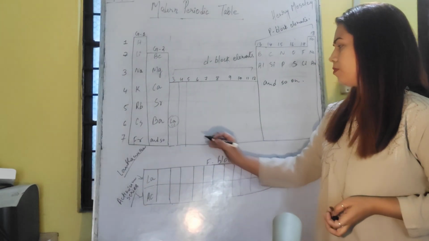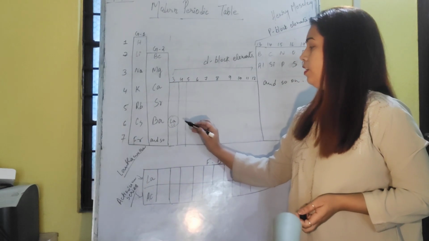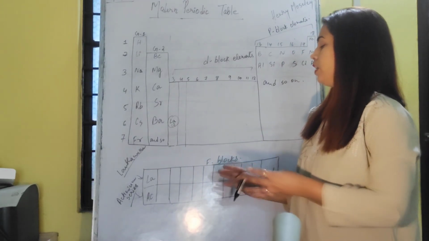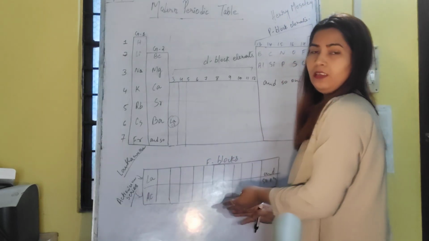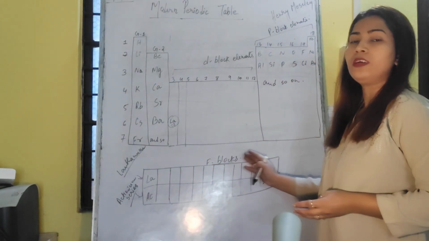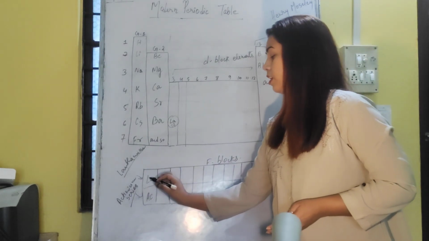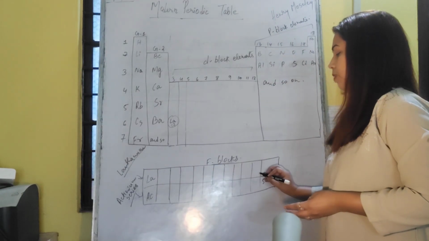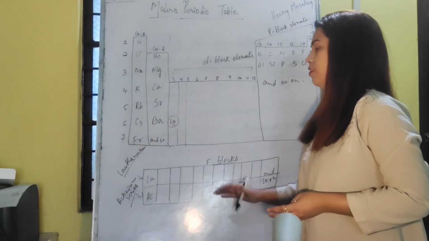So to avoid that, lanthanum and all those 14 elements were taken and made into a separate series, which is called the F block elements. Therefore, starting from lanthanum and following all the 14 elements, they were placed in the F block series.